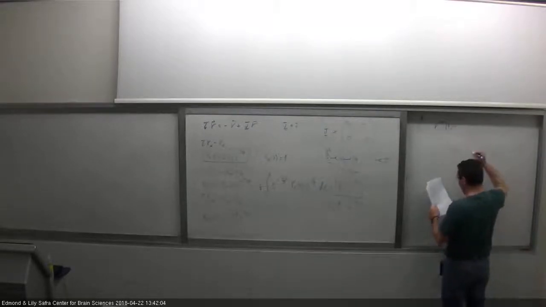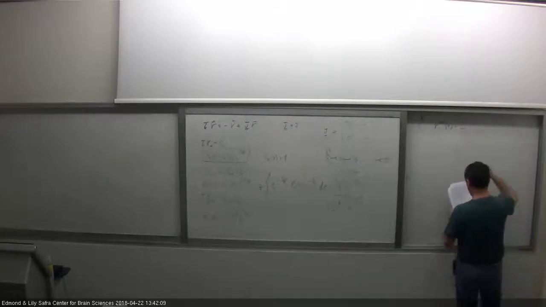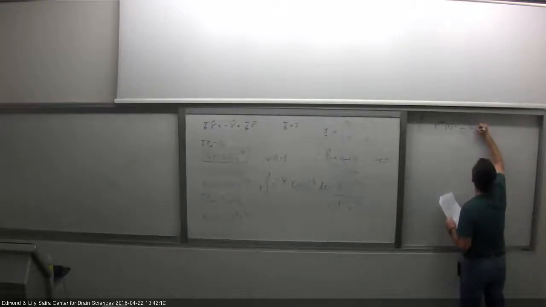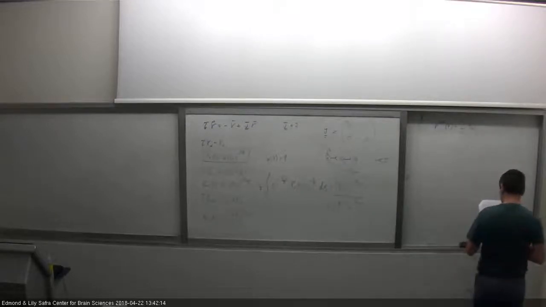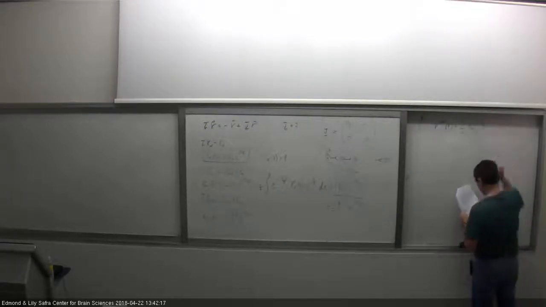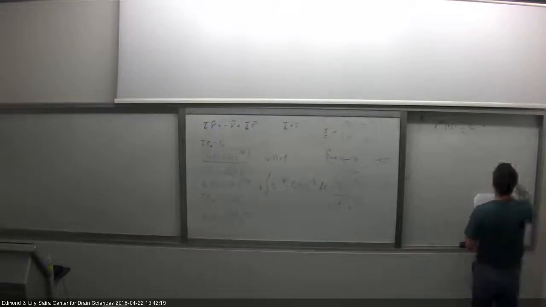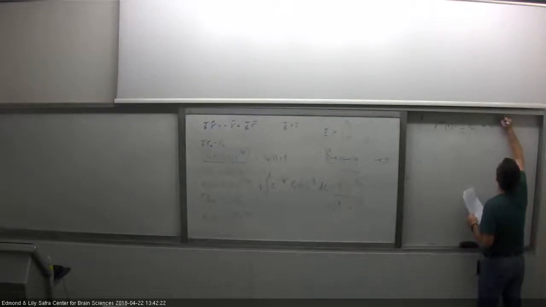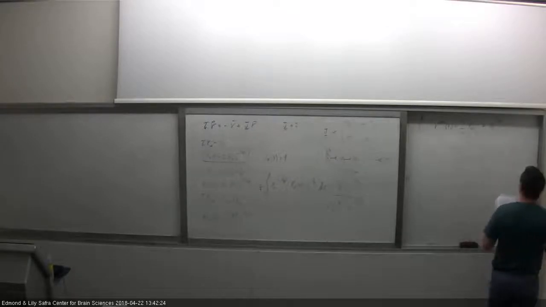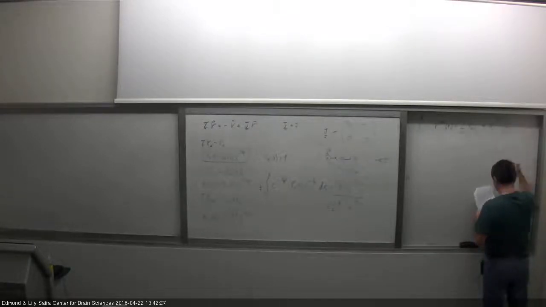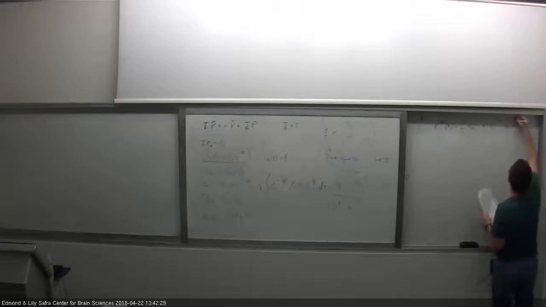So this neuron is just equal to the sum of the activities of all neurons in the network, which will be equal to e to the minus t over tau times the sum over j of t over tau to the power of j times 1 over j factorial.